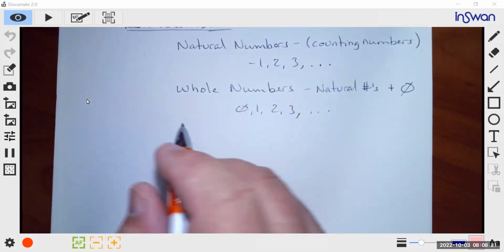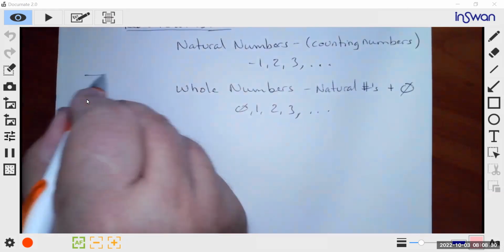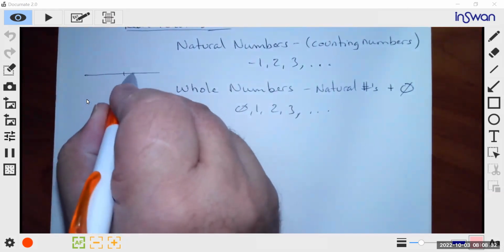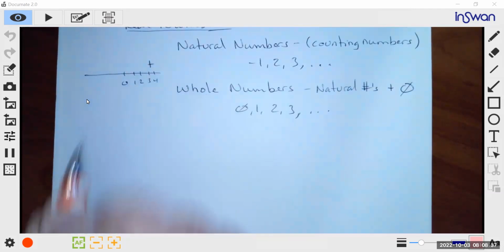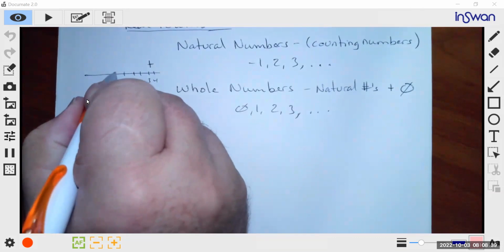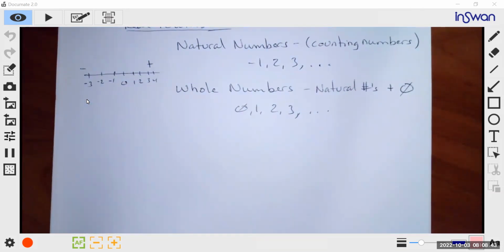Okay, so in a number line, we know there are 3 parts. There's 0 in the middle, and then we have numbers to the right of it, which are the positive numbers. And then to the left, we have the negative numbers.